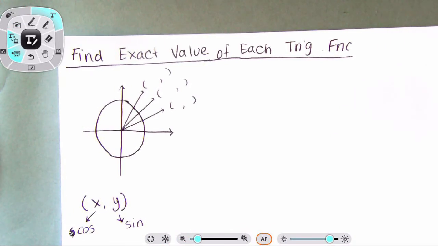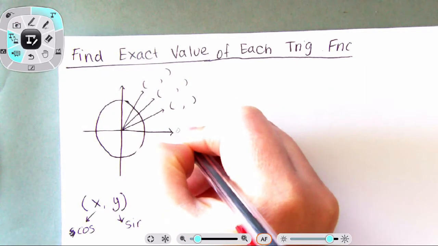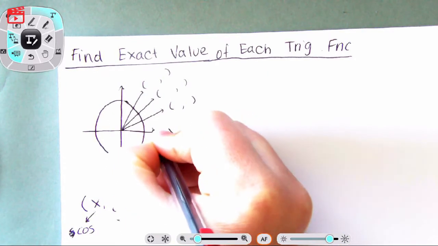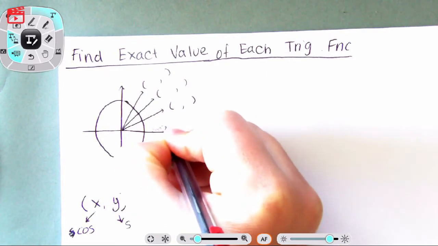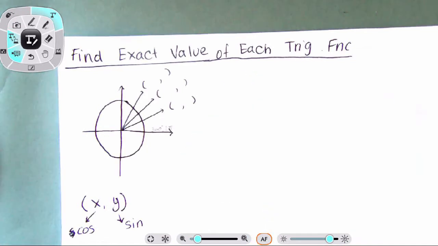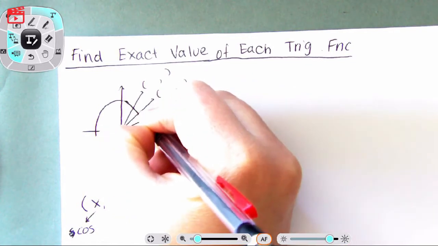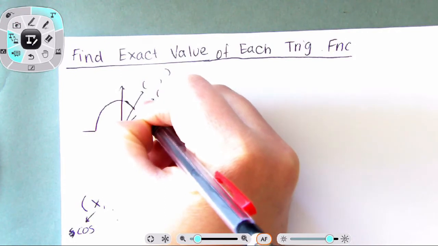Okay, now let's fill only quadrant 1 in. So here's, let's not do 0, let's do 360 degrees, 2 pi. 30 degrees, 45.